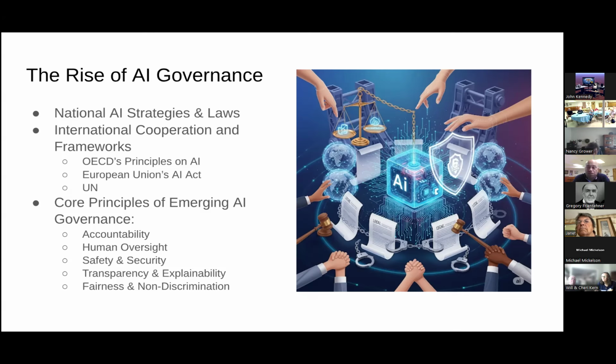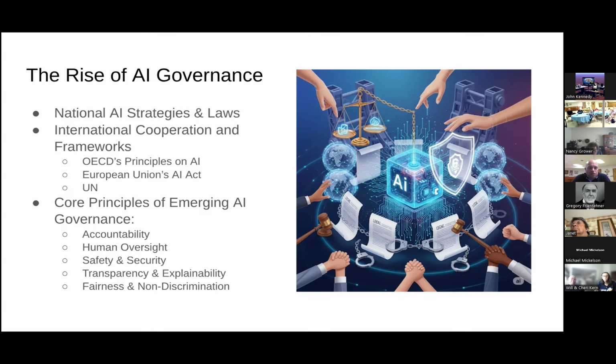Liability is a big one. If AI causes someone to lose their life, who's responsible? The AI itself cannot be held responsible, but can the creator of the AI, or the user of the AI, or the person that was supposed to be watching the AI be held responsible? It's just like anything else in the litigation world. It's going to come down to the facts, right?